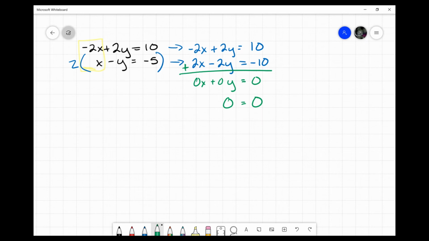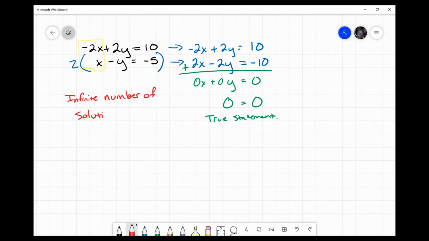I only have this statement. It is a true statement. 0 is always 0, which means when it comes to saying what that means in terms of a solution, where are these two lines going to meet? It's going to be a special case. It is infinite. Any point is going to work.